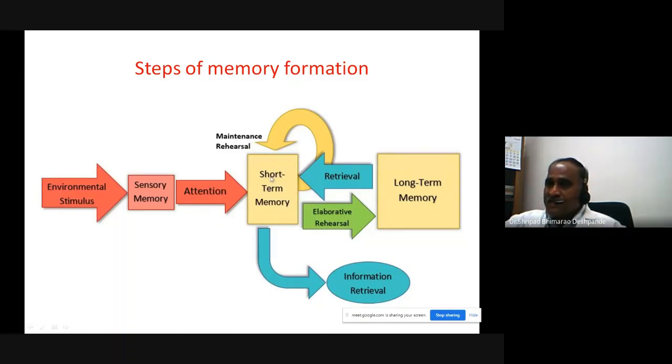The first cycle is the rehearsal cycle in the short-term memory itself. You remember when you started learning the tables, how many times you repeated, how many times your parents or mother asked you to repeat those tables, which Indian parents really try to enforce. You repeat, and finally one day you become proficient in reciting.